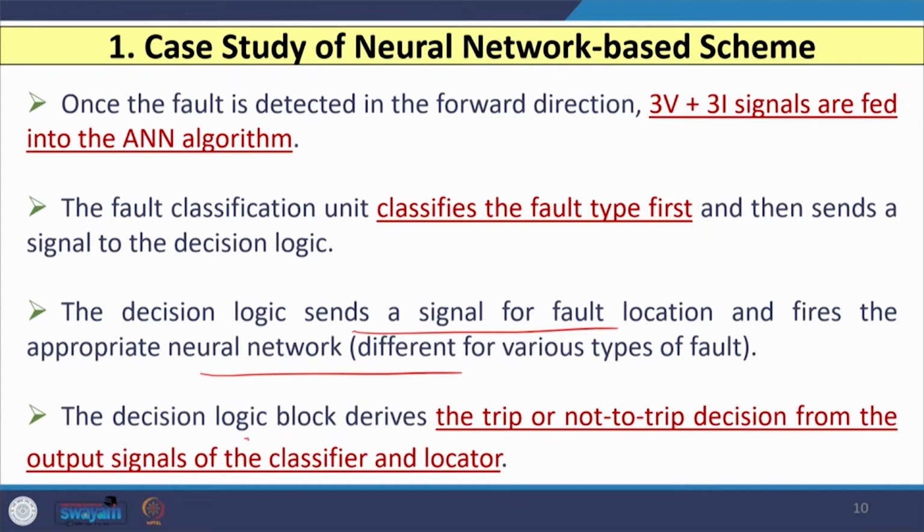And finally, this block also derives the trip or no trip decision from the output signals of the classifier and locator, which is finally initiated, so that the operator is easily aware that this type of fault has occurred and at this much fault location it has occurred.